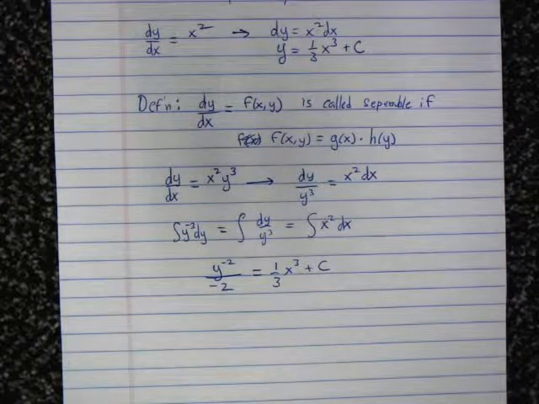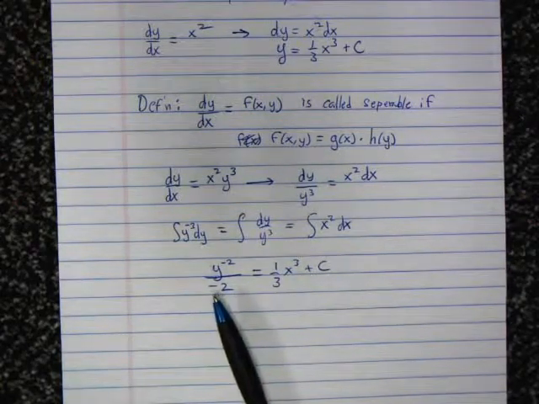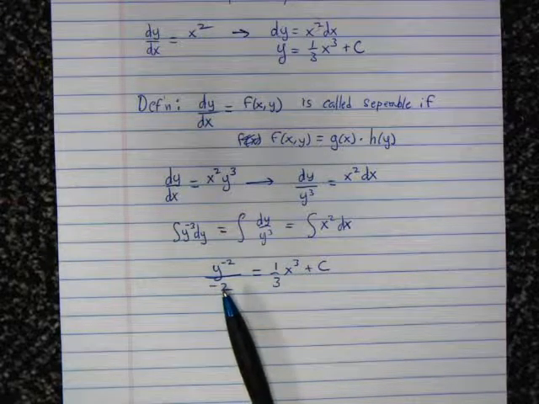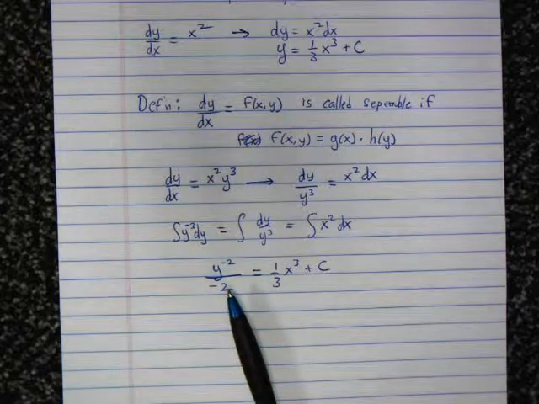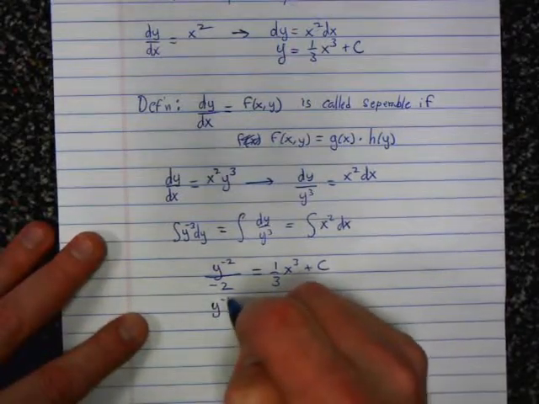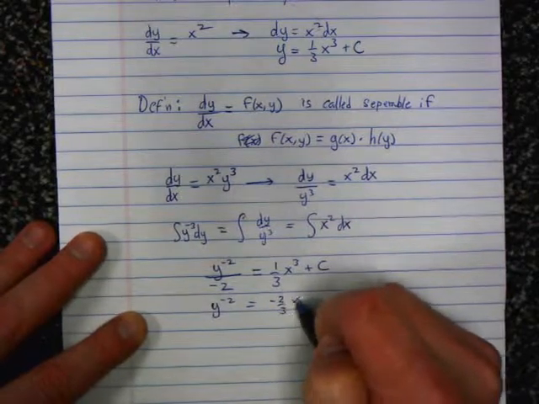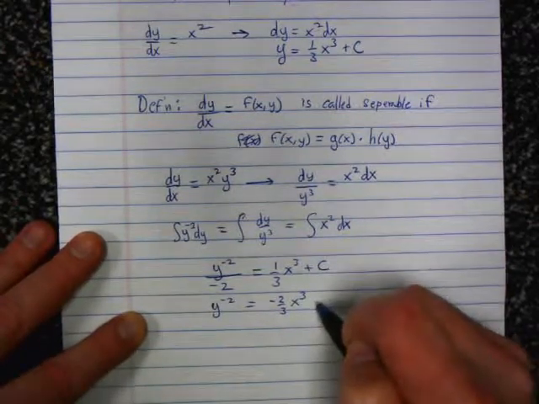So, all right. Now, if we can easily, whatever easily means, we like it if we can take this equation and we can get y all by itself. This one I don't think is so easy. I'm not sure I would get y all by itself, but I think I would write it this way. y to the negative 2 is negative 2/3 x cubed plus c.